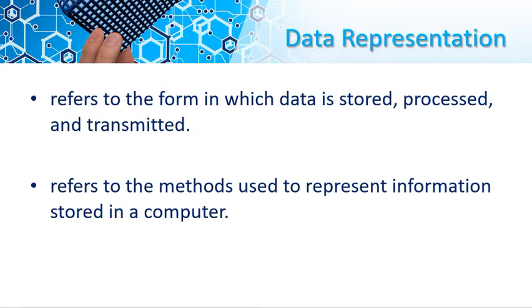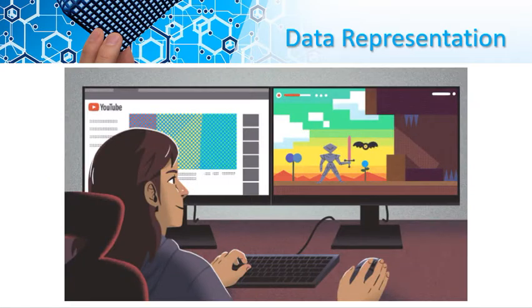So, data representation class is all about how your data is being stored in the computer, how information is stored and retrieved, then how it is transmitted or transferred from one machine to another. From these slides, we have a sample: games.